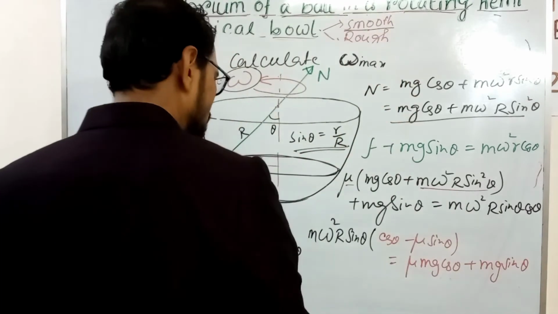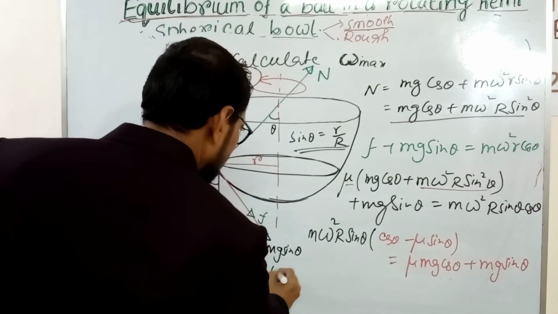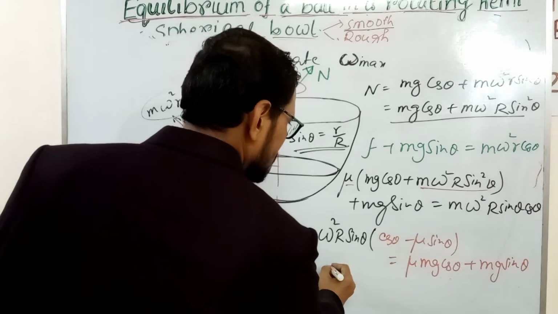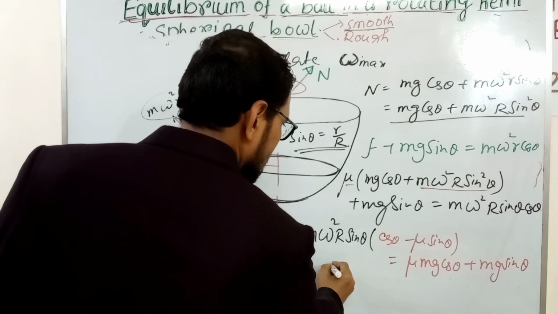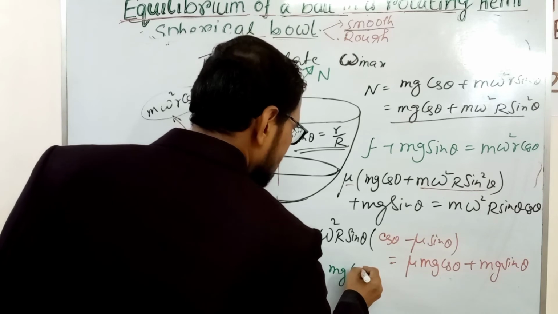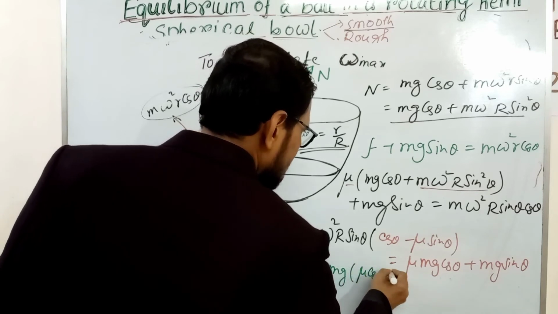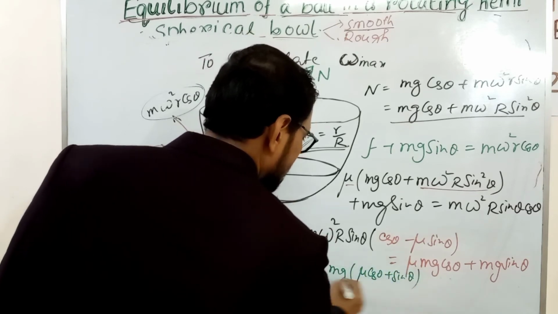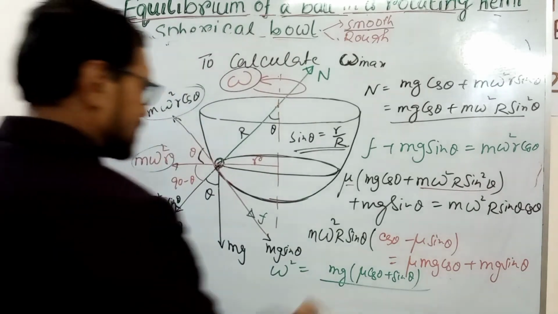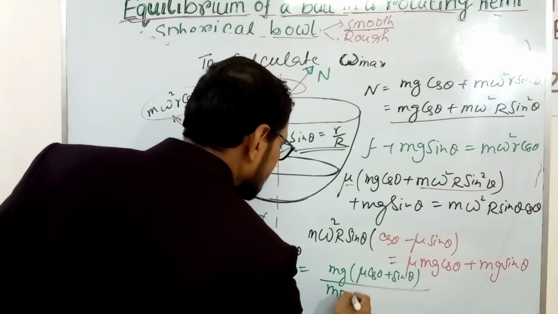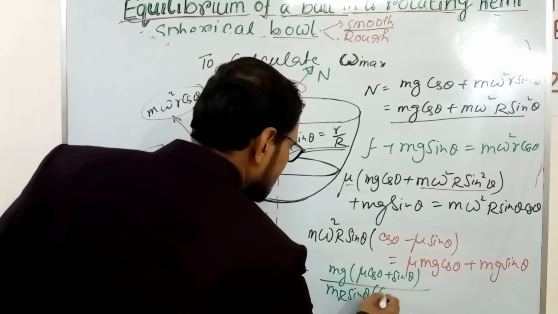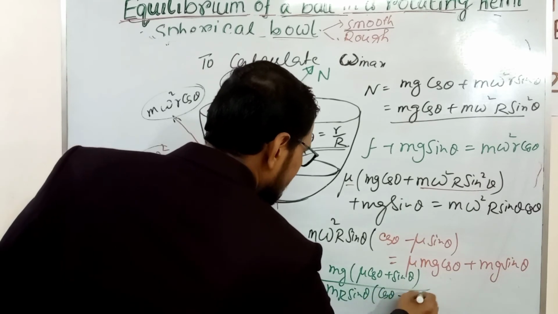So we get omega square equals g, taking mg common, mu cos theta plus sin theta, divided by R sin theta into cos theta minus mu sin theta.